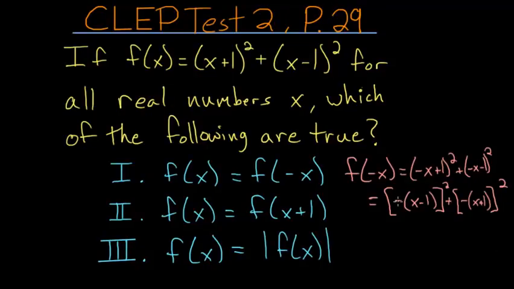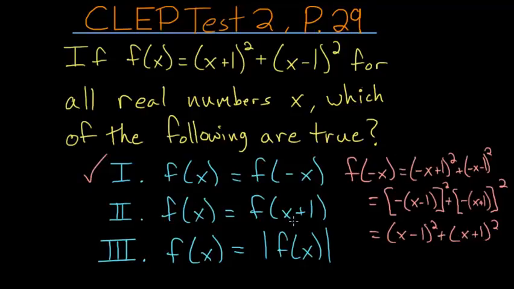When you square a product, you square each of these, so negative 1 squared is just 1. So we have (x − 1)² plus, same thing here, negative 1 squared is 1, so we have (x + 1)². And notice that this is f of x. So number 1 is true.